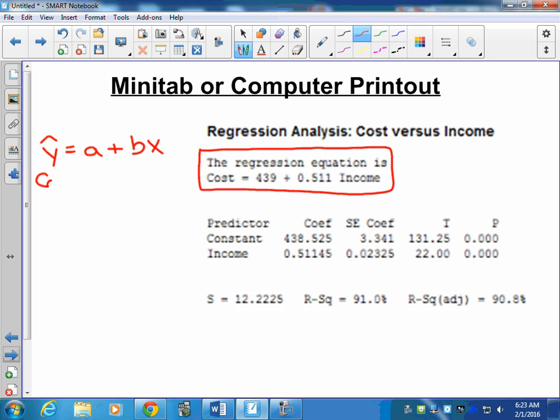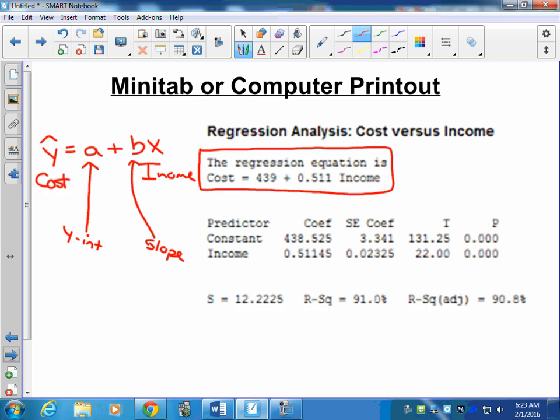So in this situation, we've got cost is our y value, income is our x value, and we are looking for our y-intercept. What's the starting point of this equation when x equals 0? And then our slope: how is this graph increasing or decreasing over time?